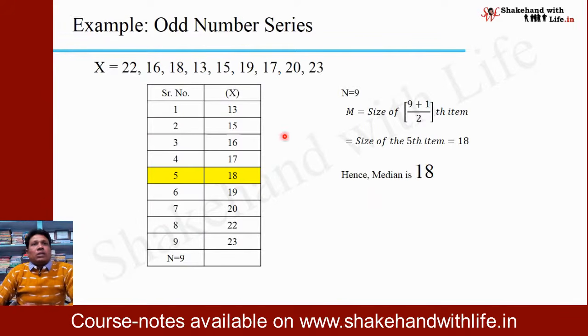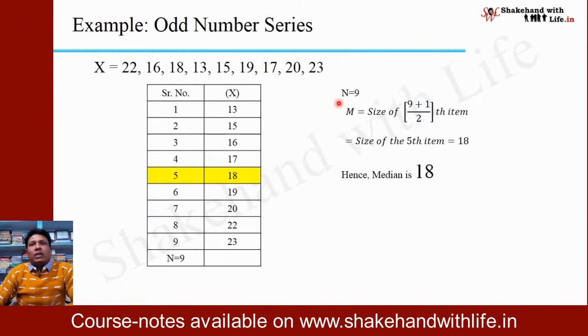Now this example showcases how you would calculate the median for an odd number data series. So this series is an odd number series. Total number of items in this series are 9 and here the data series is arranged in ascending order.